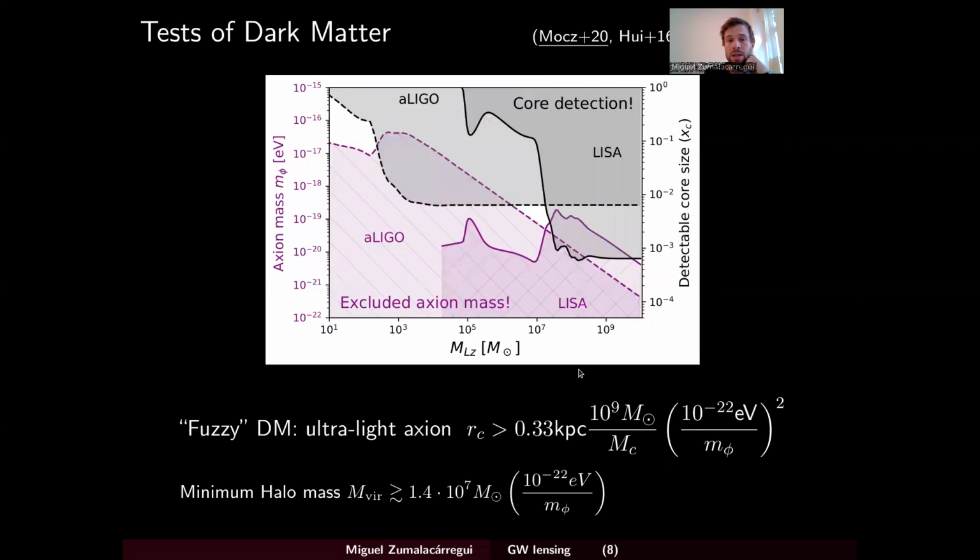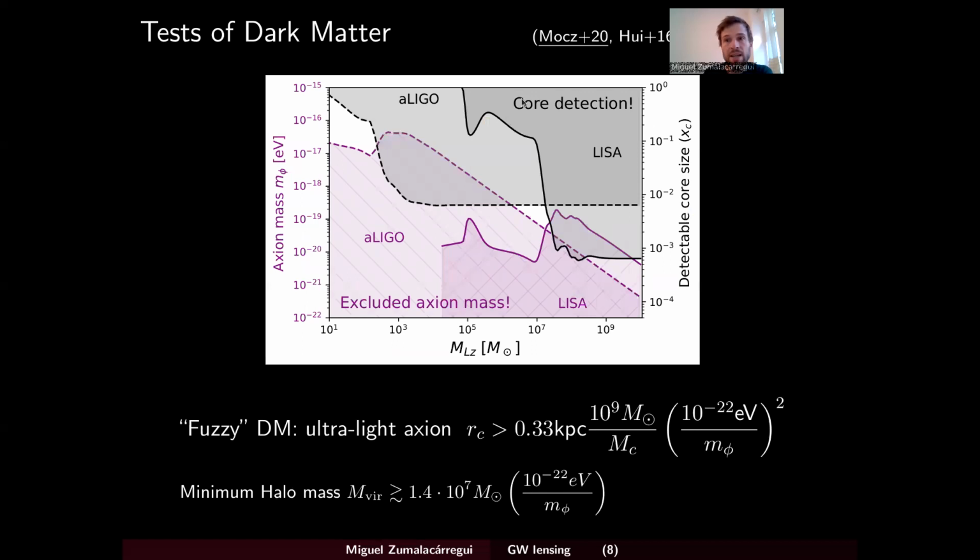And then we can turn this sensitivity to the core size, which I'm showing here on the right axis. So if we find a strongly lensed event, we can either detect a core, which may or may not be due to dark matter.